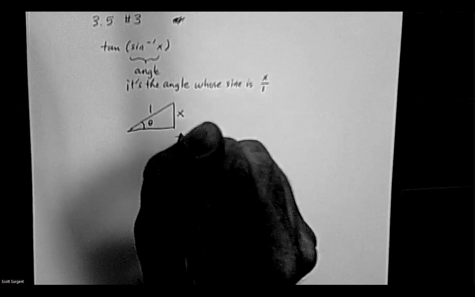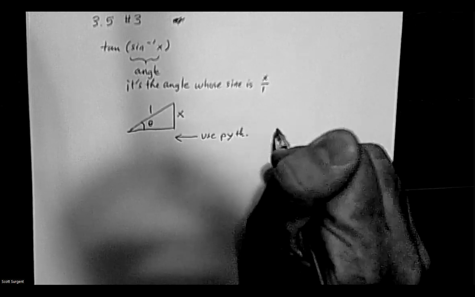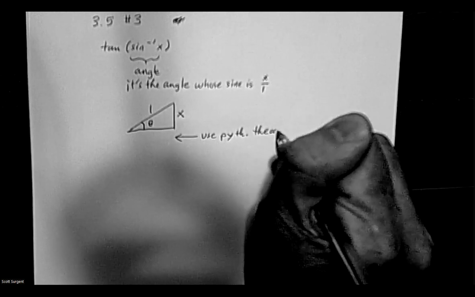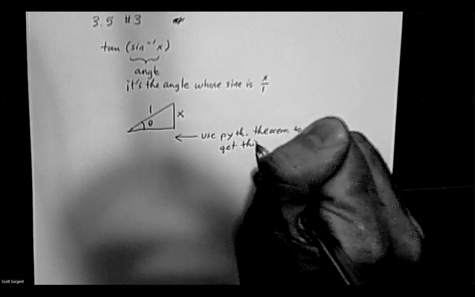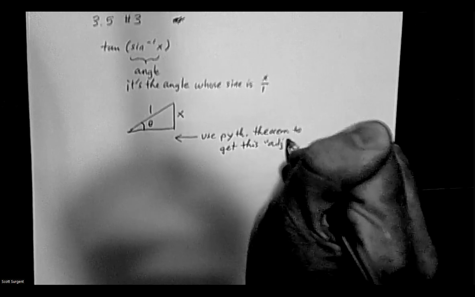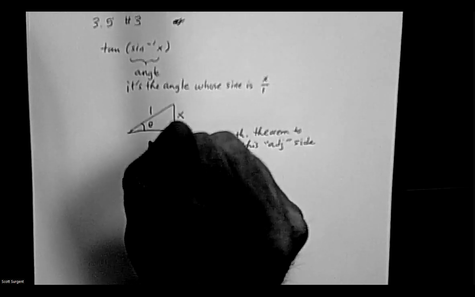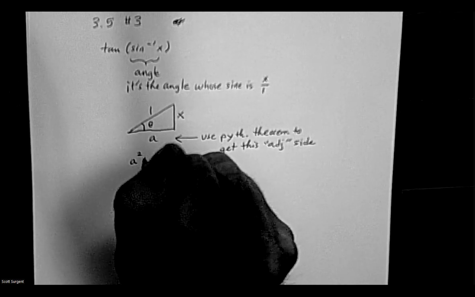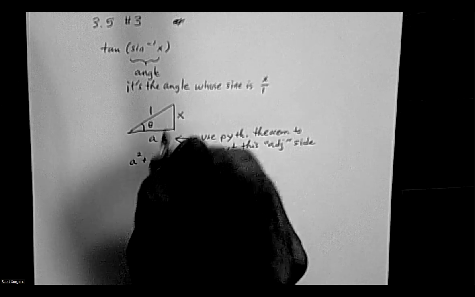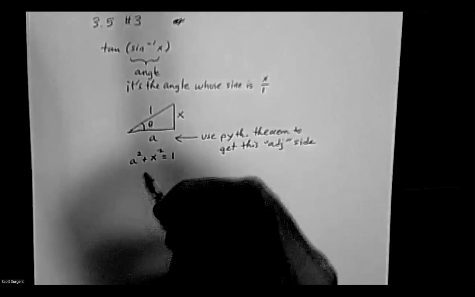And then by the Pythagorean theorem, you've got to actually get the third side. So I'll put a little note here. Use the Pythagorean theorem to get this adjacent side. I'll call it lowercase a for now. According to the Pythagorean theorem, I square the legs and add them, and I get 1 squared for the hypotenuse, which is just 1.